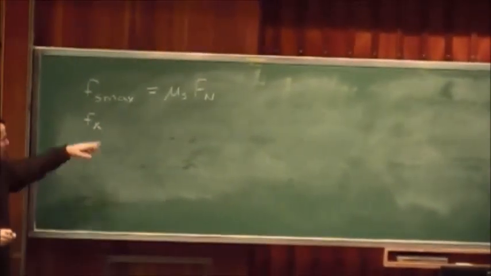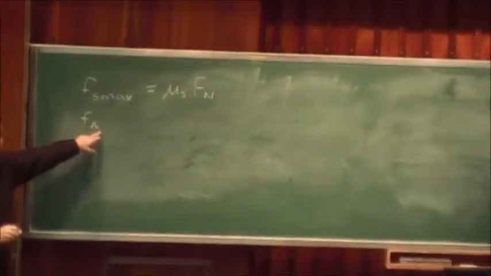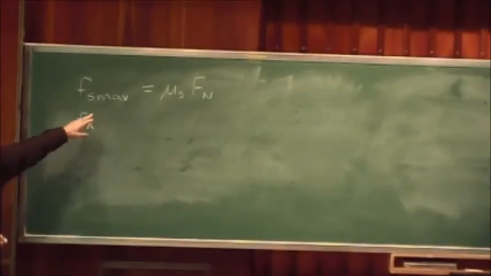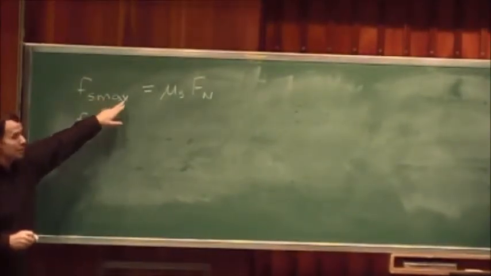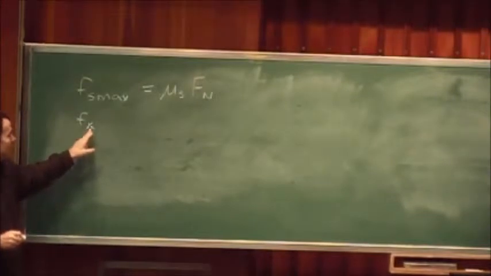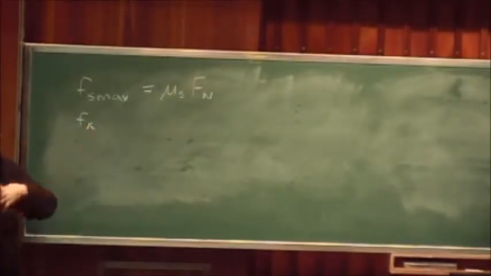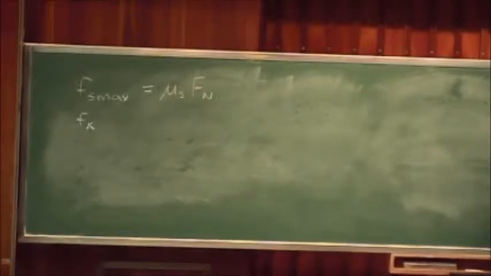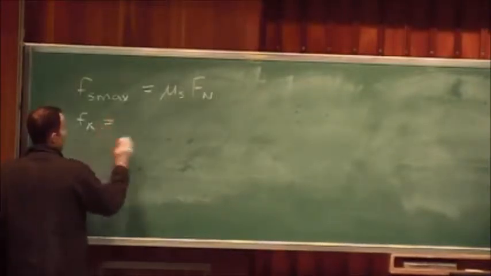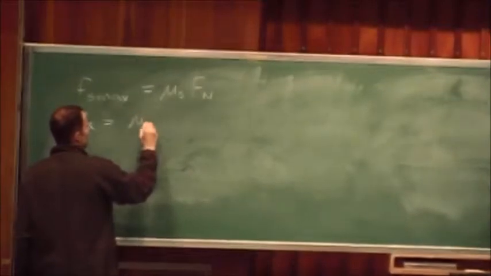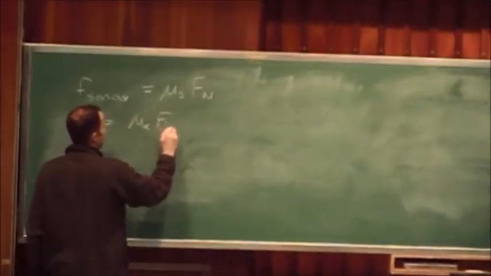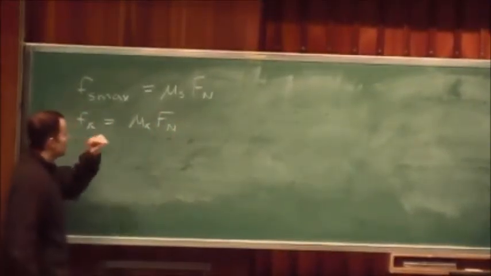F_k is the friction for the kinetic. We don't worry about whether it's maximum. We're just going to assume that F_k is constant as long as it's sliding. This is the coefficient of kinetic friction. Okay? So this is going to be F_k equals mu_k F_n, where F_n is the normal force.